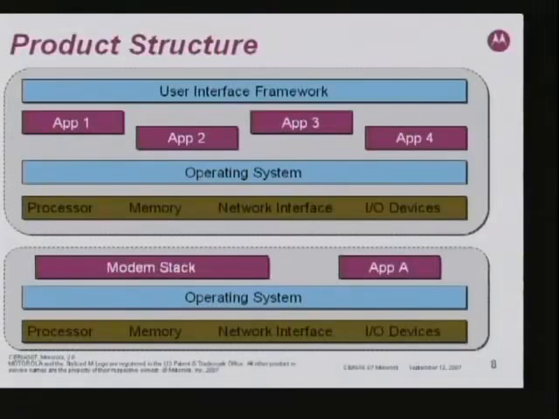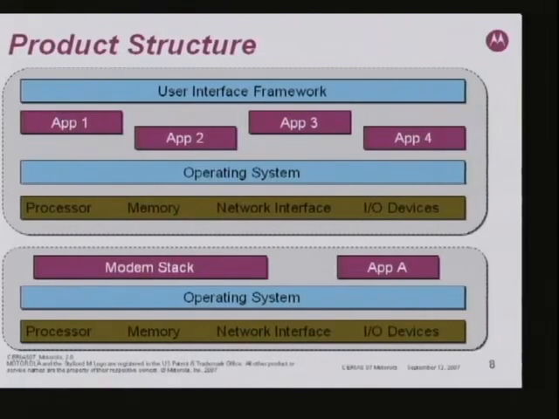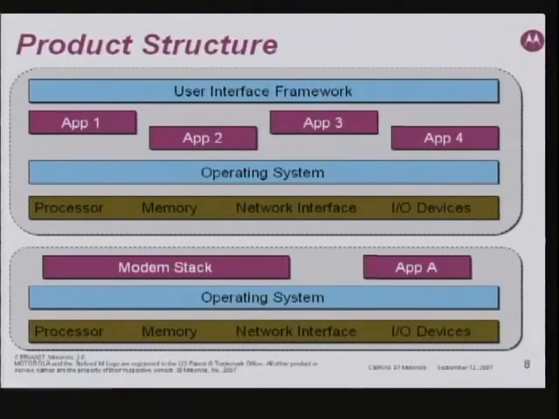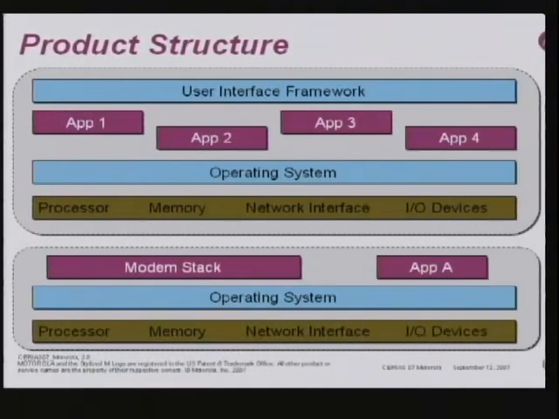One of the issues that we have to look at then is the boundary structures. So if I look at a very simplistic diagram for a product, what I'm looking at is things like I have processors, I have memory, I have I/O devices, I may have a couple of different chips, I've got modem stacks and applications and all kinds of user frameworks, and all that stuff is good. And we're learning how to apply tools to look at a lot of these things.